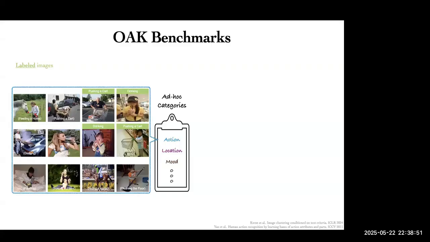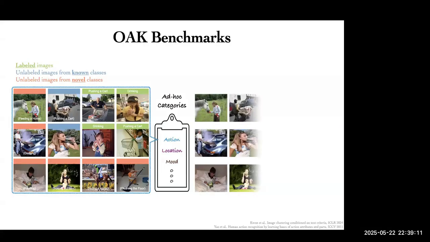And also need to discover reading, feeding a horse, cooking can also be in that category, okay? Categorize accordingly. So these are from known classes, and this is unlabeled from novel classes. Novel, some is through semantic extension, some is through visual extension.